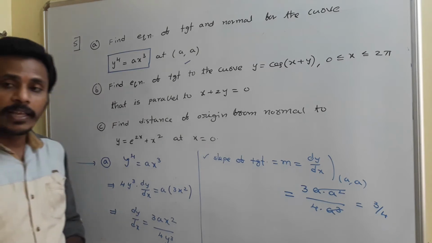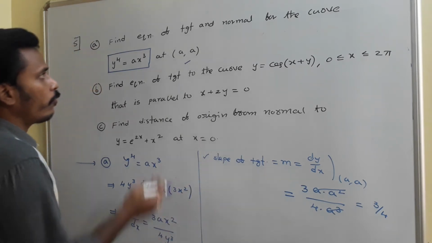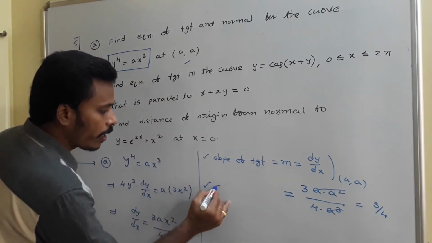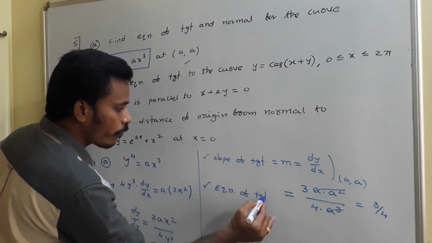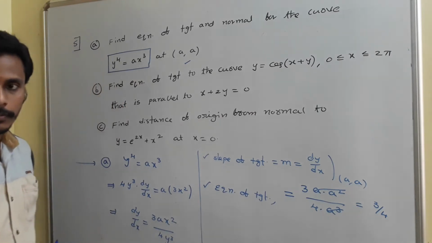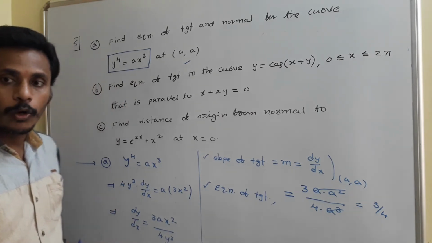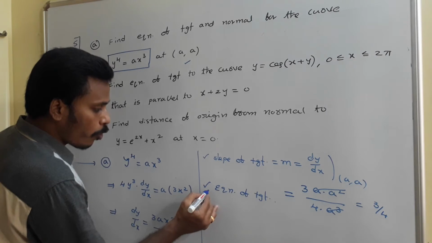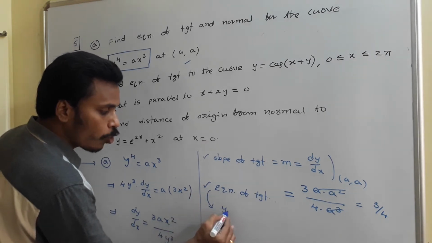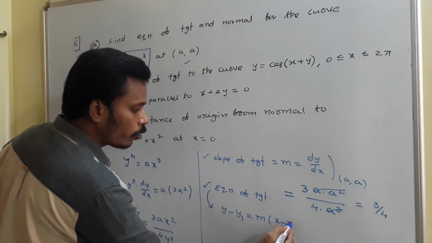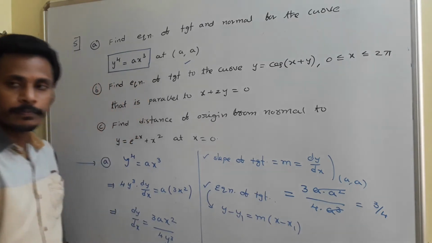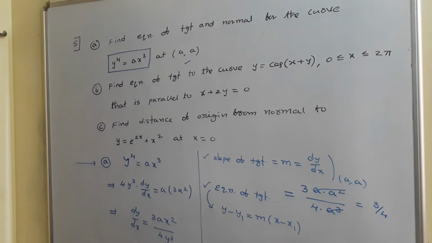Since m is 3/4 and the point is (a, a), we need to find the equation of tangent. We have slope and the point, so we use the slope point form: y minus y1 is equal to m into x minus x1. With (x1, y1) as (a, a) and m as 3/4, you just replace everything.